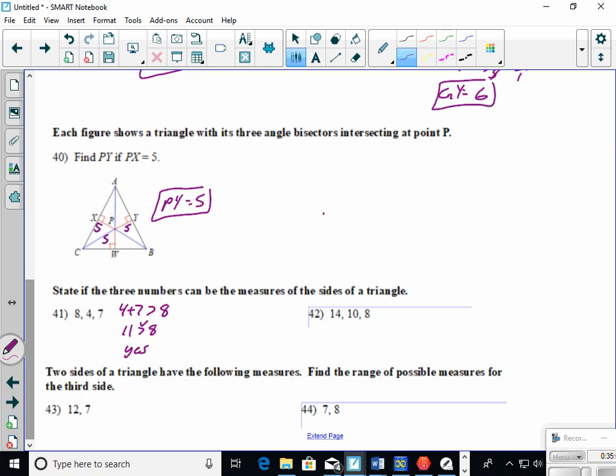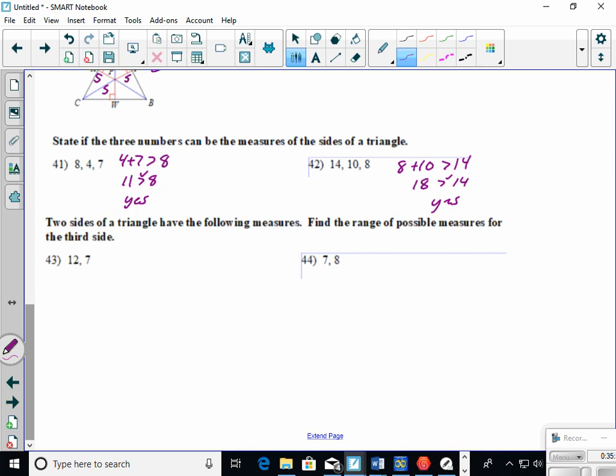So yes, that will make a triangle. And 14, 10, and 8. 10 and 8 are the 2 smallest, so 8 plus 10 has to be greater than 14, which 18 is greater than 14. So yes, it is. If they come out to be equal or less than, then it is not a triangle.